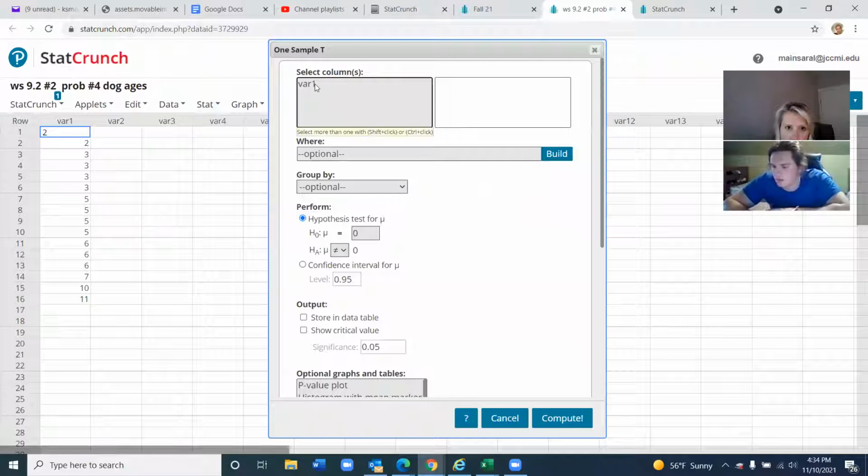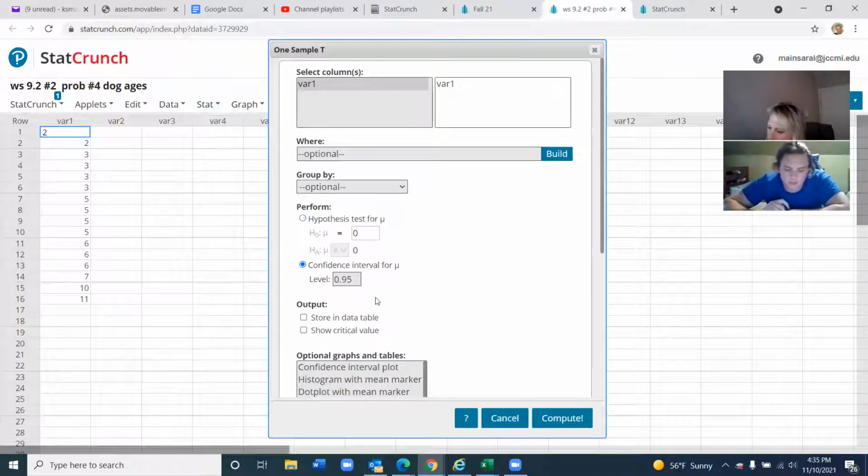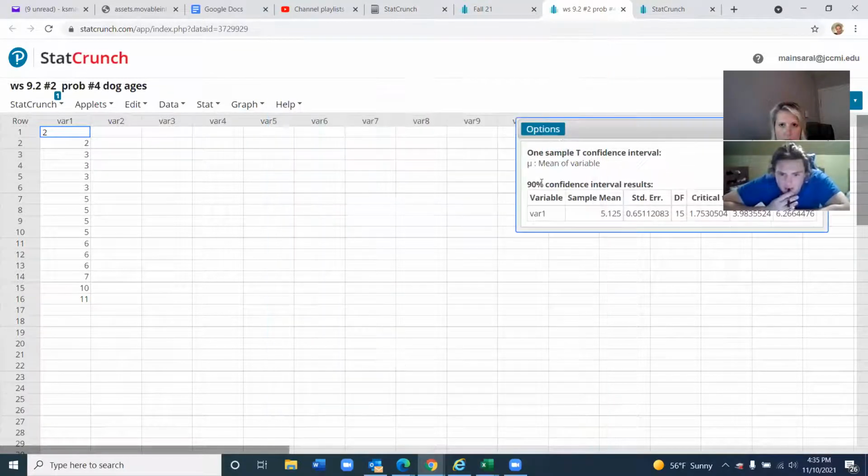We tell it the column is var1, and go down to confidence interval. This is a 90%, I believe, so we change that to 90. Then I click on show critical value. Those are the only things we have to worry about: choosing our variable, changing to the confidence interval, the correct C level, and then show critical value.